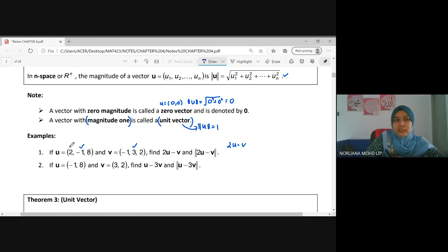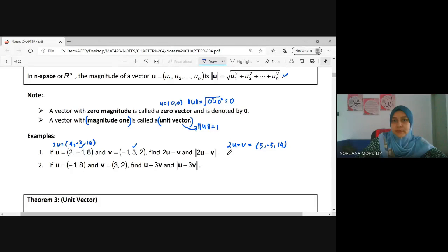We use scalar multiplication, 2u, which equals (4, -2, 16). And then we use subtraction, 2u minus v. So 4 minus negative 1 is 5, negative 2 minus 3 is negative 5, and 16 minus 2 is 14.